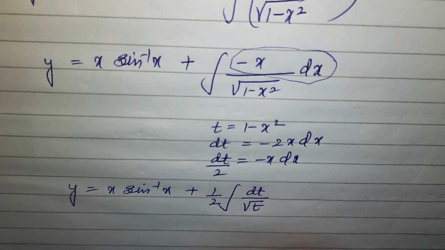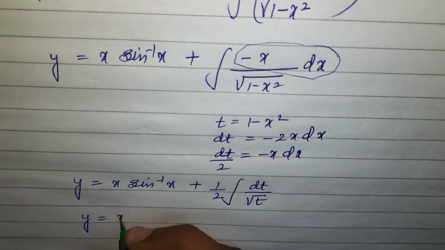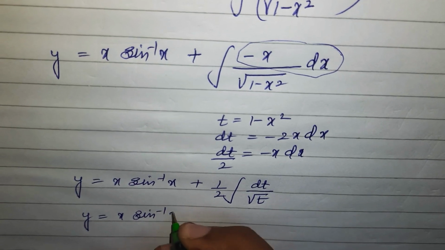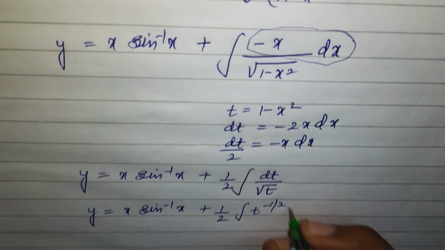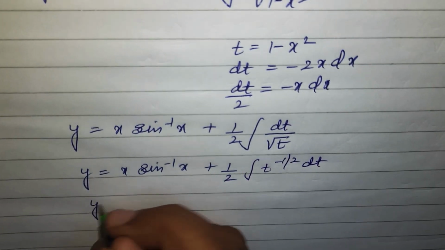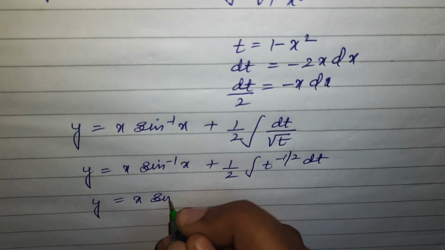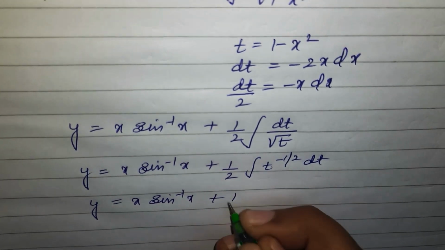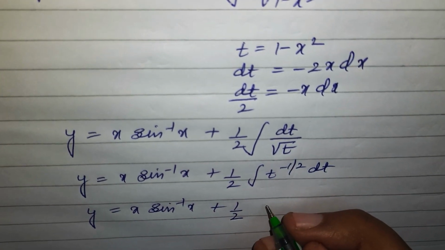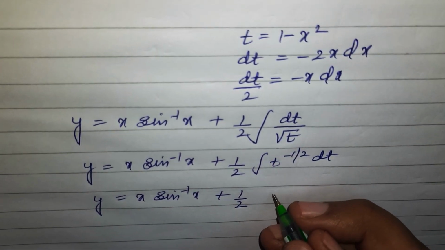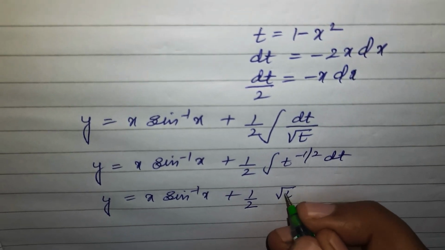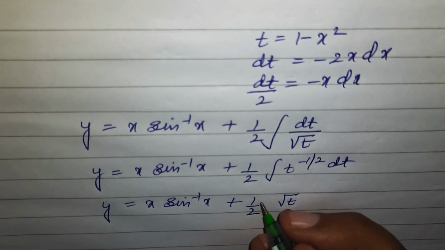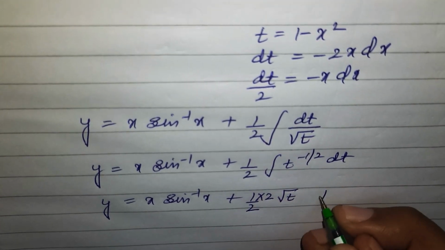So what I am getting? y equals x sine inverse x plus 1 by 2 t raised to the power minus 1 by 2 dt. So y equals x sine inverse x plus 1 by 2 t raised to the power minus 1 by 2 plus 1, so this will become root t upon 1 by 2, into 2, plus c.